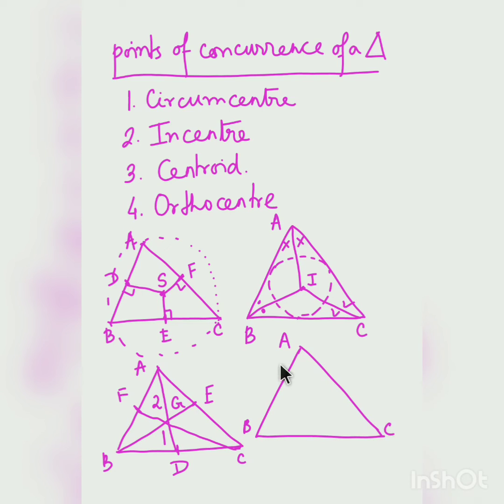And now, let's drop perpendiculars from the vertices. So, we can call these perpendiculars or the heights on the opposite sides. Suppose this is again AD, BE, and the other one will pass through this point.